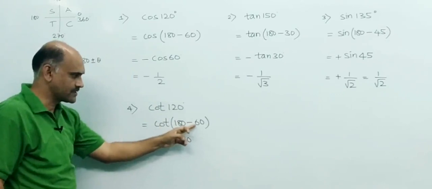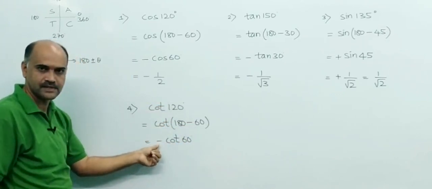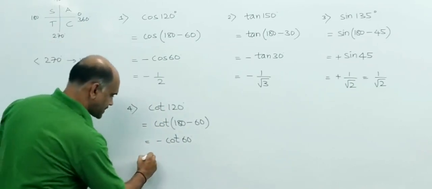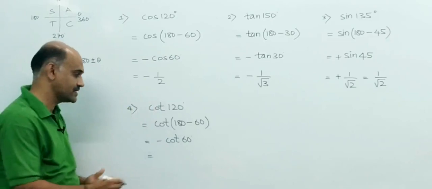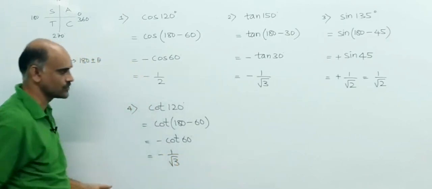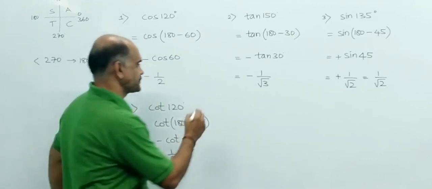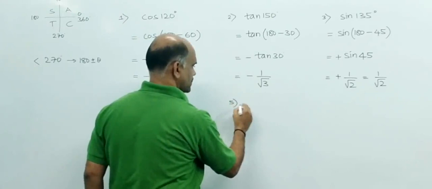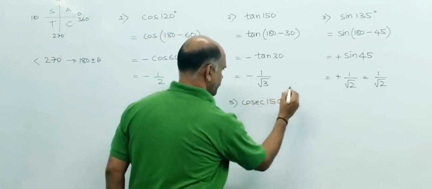Now substitute. Tan 60 is root 3, cot 60 is 1 by root 3. So you will have minus 1 by root 3. Clear, students? Similarly, fifth if I take cosec 150 degree.